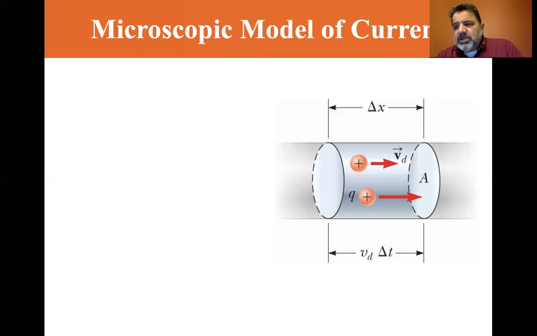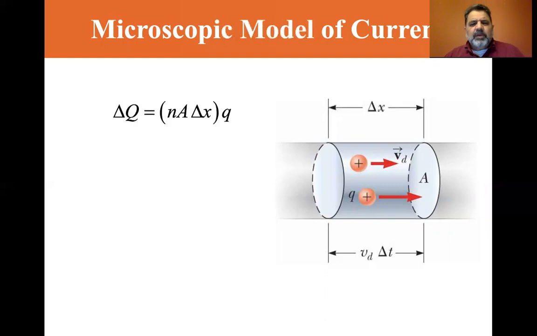N is the charge carrier density. So the total charge, Q, is the charge carrier density, times that volume, area times delta X, times q, the charge on each electron or each proton. And here they're showing you protons. So that's the total charge.